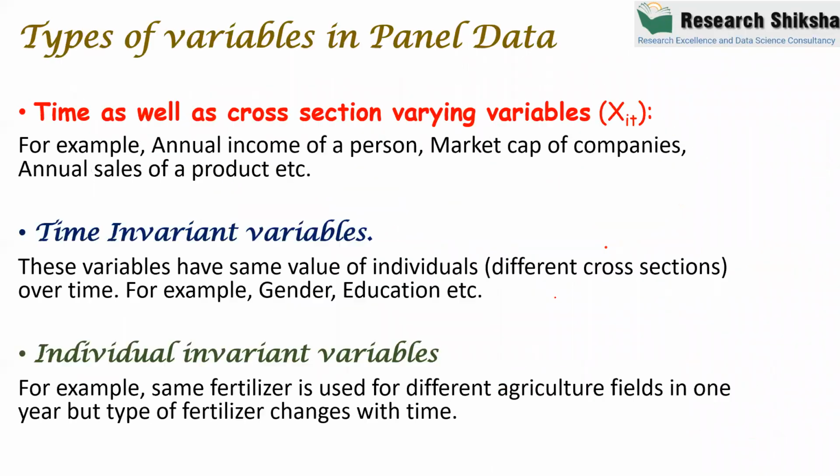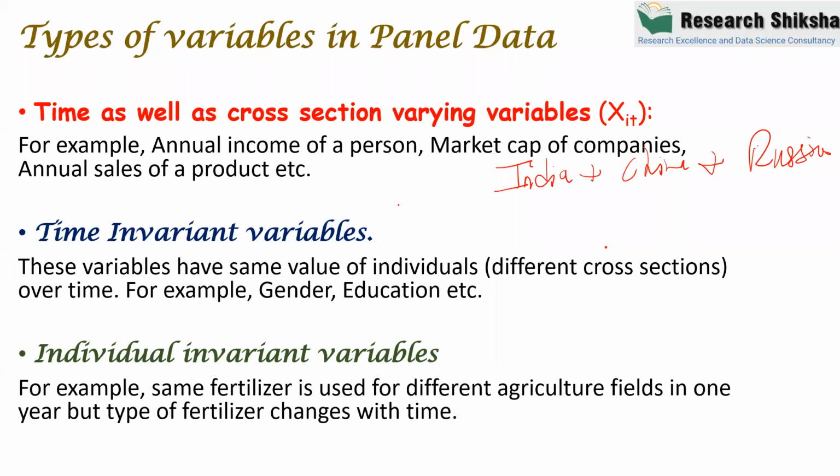Similarly, there can be one variable which is the same for all the countries. For example, we are collecting data from India, we are collecting data from China, and suppose we are collecting data for some other country, Russia.